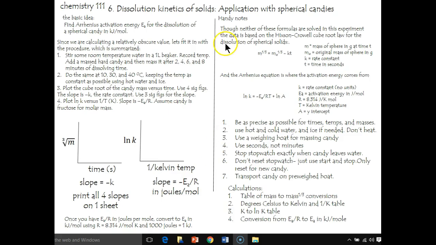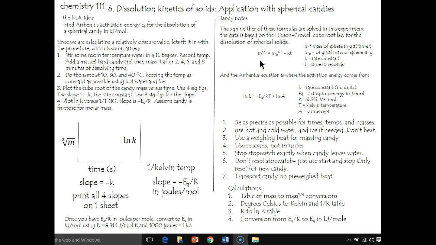Here's some handy notes. There are some rather obscure formulas that go into this, especially this one. Check this out. This is the Hixson-Crowell cube root law for the dissolution of spherical solids. I'm thinking that only people that deal with pills really would have to obsess over something like this. We don't have to use this formula directly since we simply plot this versus that, and the slope is equal to the negative rate constant.